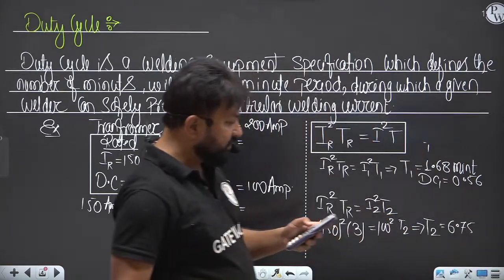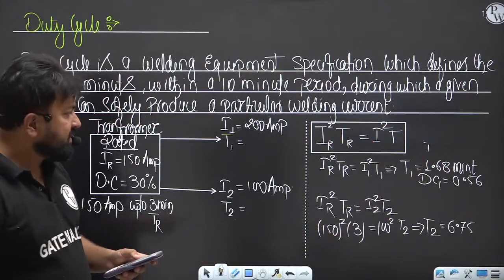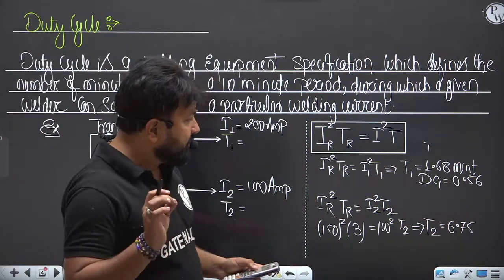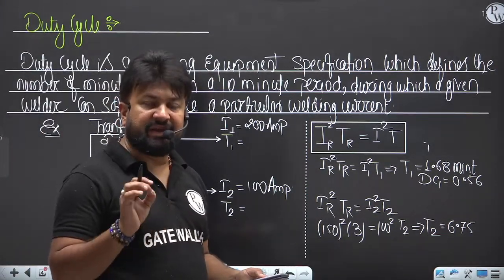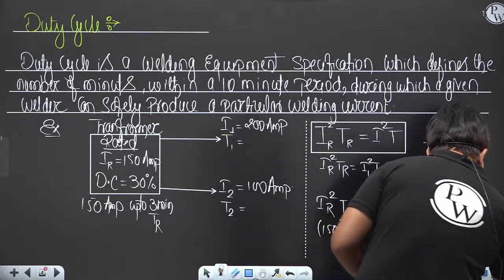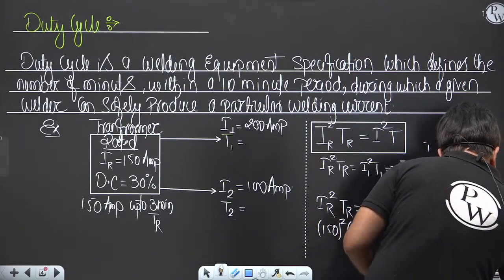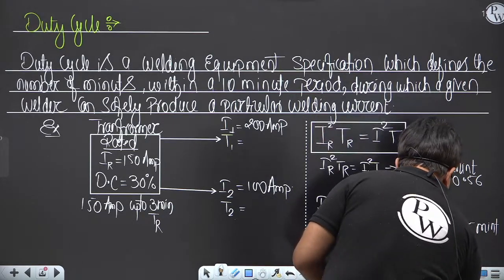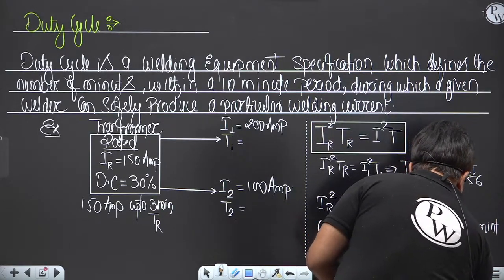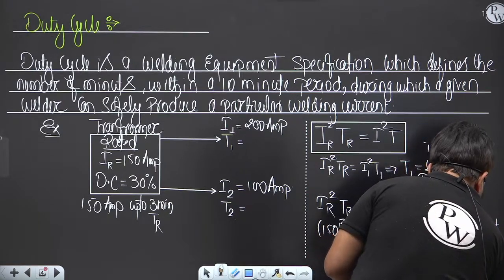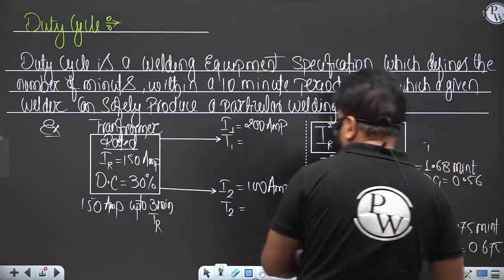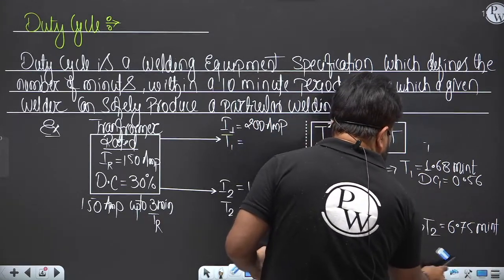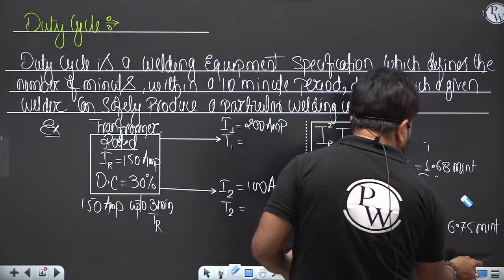What is the meaning? Up to 6.75 minutes, you can do the welding safely. After that, you have to stop. The duty cycle you can write as 0.675. Just write down the time.